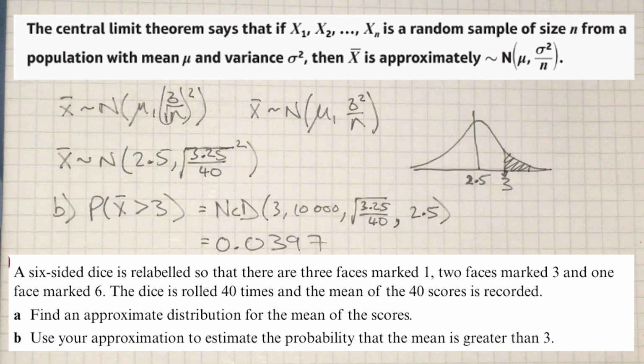The size of the sample has an impact on the strength of the approximation, and on our confidence of how well we've approximated any resulting probabilities. As long as you can find mu and sigma for your distribution and the n value is sufficiently large, you will be able to apply the central limit theorem.